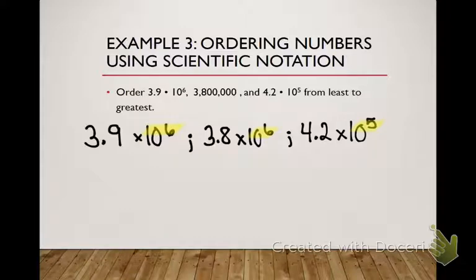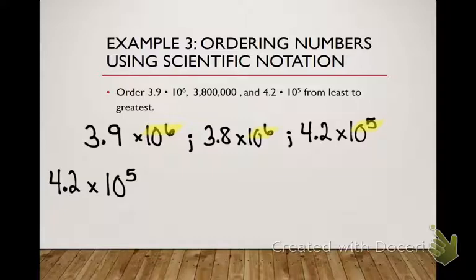So since the last one is a 5, it doesn't matter that 4.2 is my largest decimal value. Okay, that doesn't matter. All right, so 4.2 times 10 to the 5th is my least.